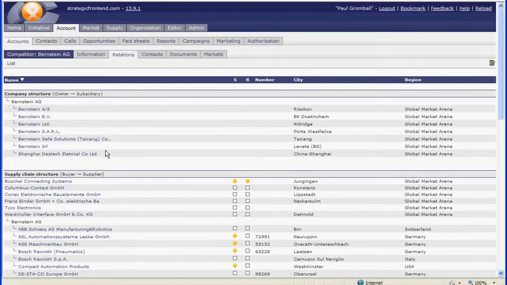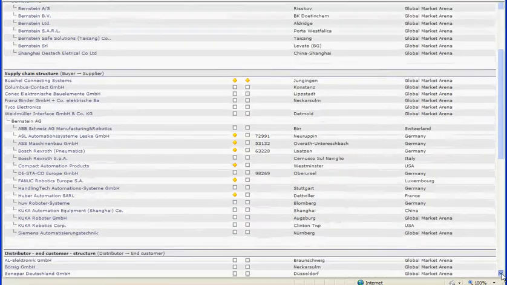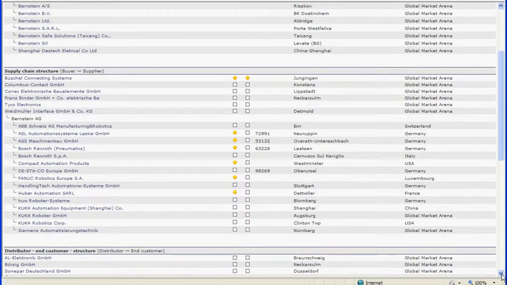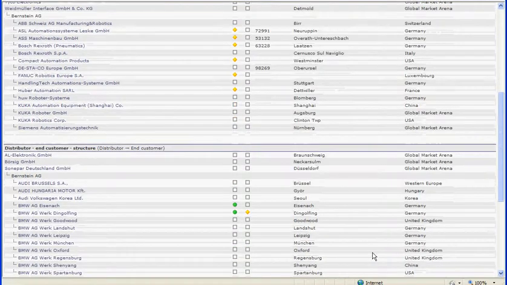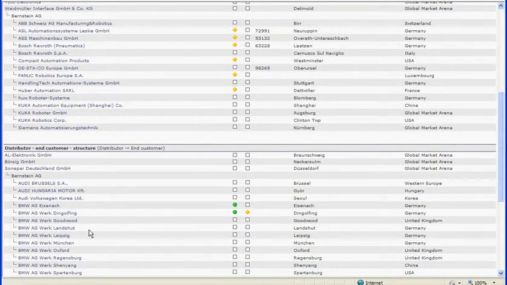You also are able to show the relations of the competitor in terms of company structure, what are daughter companies, supply chain structure, what are the suppliers of these competitors, and also what are the major end customers of these competitors.